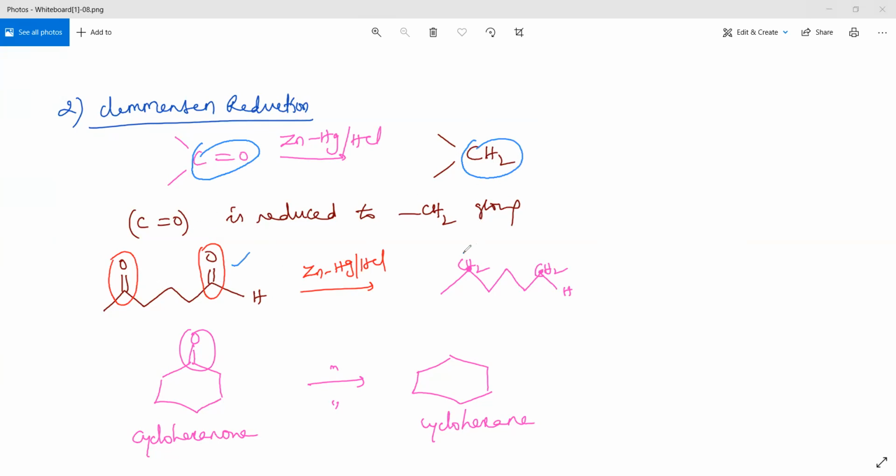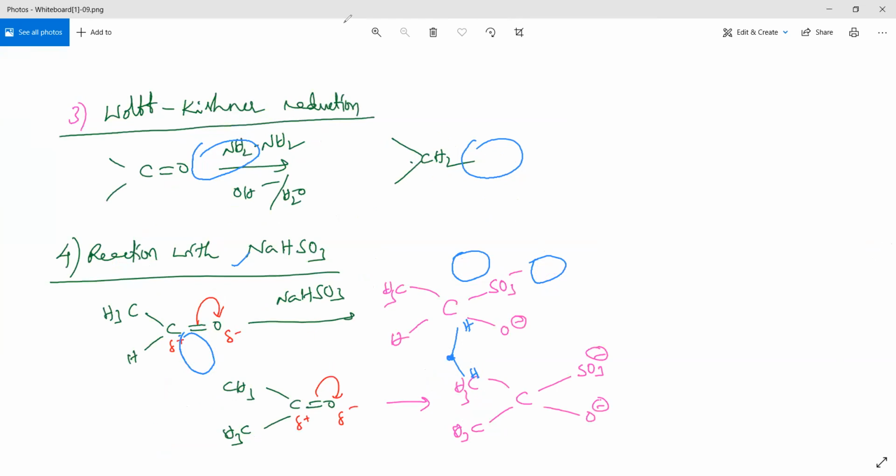What happened? That is converted into CH2. Here also the C=O group is converted, this carbon now has hydrogens, CH2. So whether it is Clemmensen reduction or Wolff-Kishner reduction, you will get a CH2 group, right?